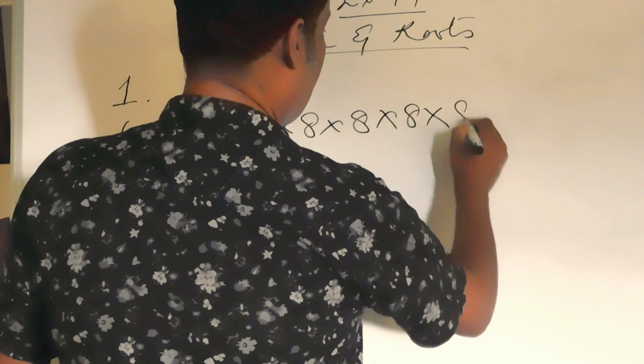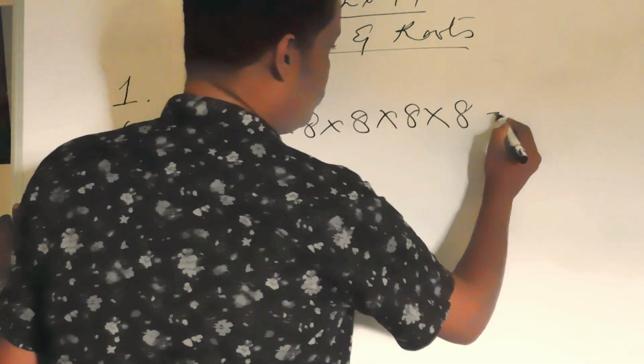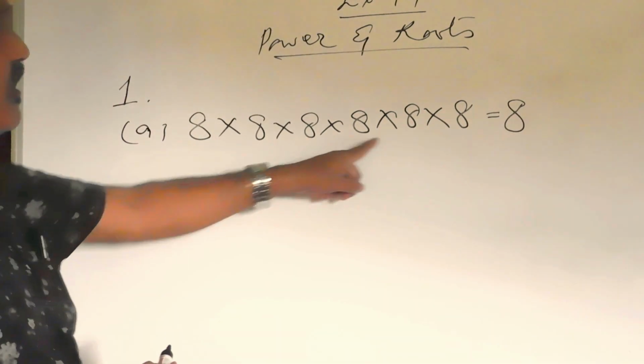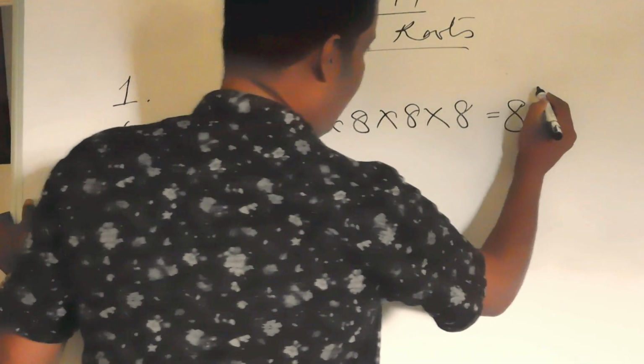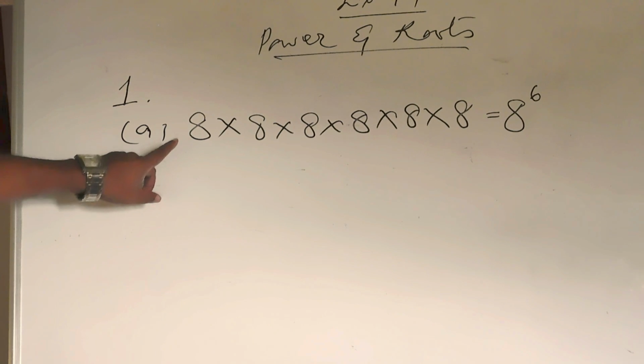So how will you write it in exponential form? You write 8, and then count how many 8s are here: 1, 2, 3, 4, 5, 6. So 8 to the power 6. This is how we write in the exponential form.